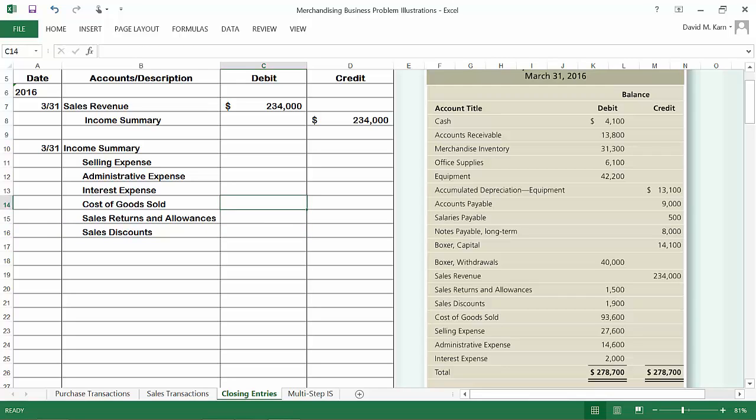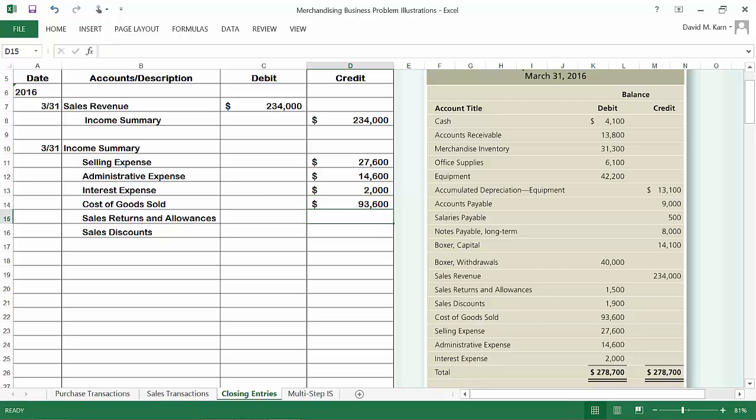Okay, so let's go ahead and put our numbers in here as our credits that we closed out. So we know we had $27,600 for the selling expense. Administrative was $14,600, and interest expense was $2,000. Our cost of goods sold was $93,600.